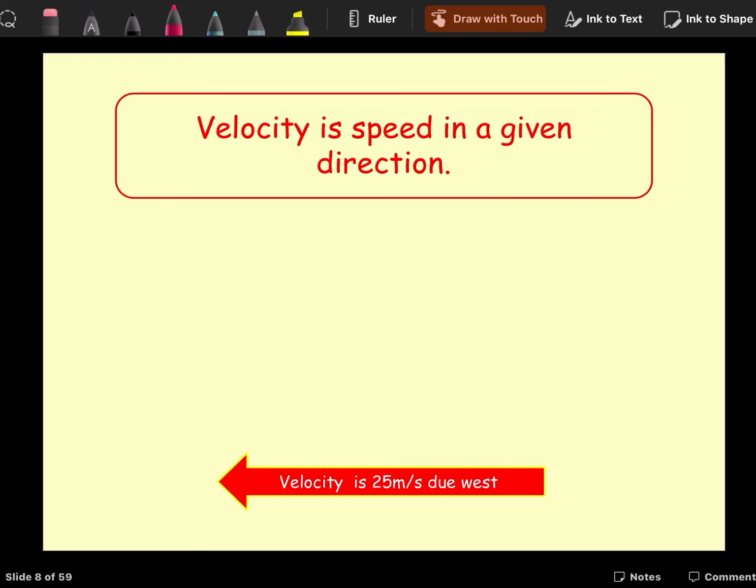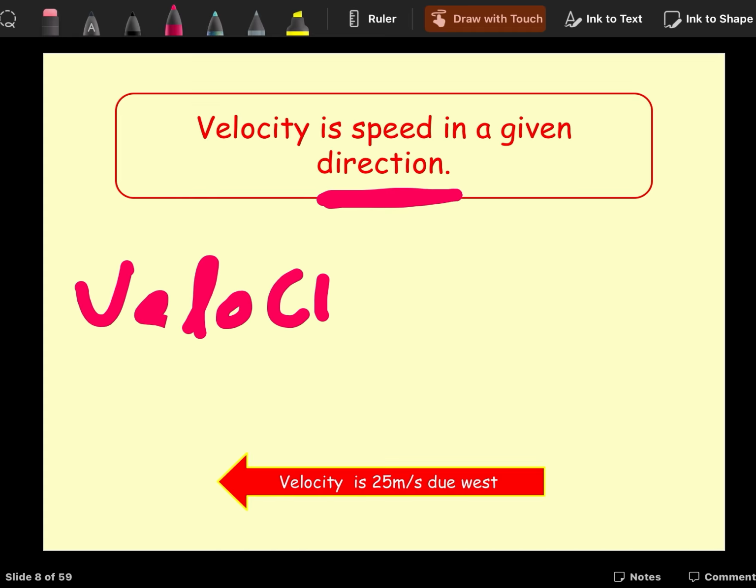So let's see now what is the speed and velocity difference. There is only one difference, direction. With the speed, no direction, but with the velocity you mention the direction. So basically velocity is a combination of two things, speed and direction.